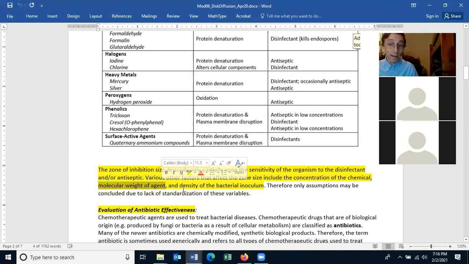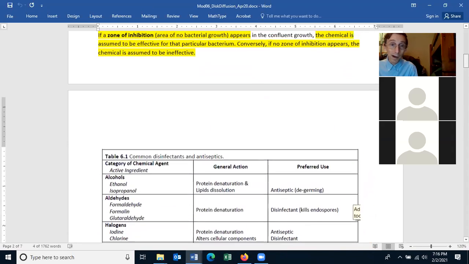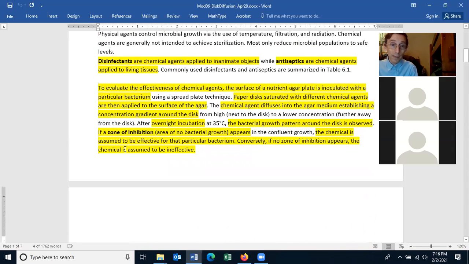Because the molecular weight of the object was big, it's going to diffuse less in the agar plate. And that is why the zone of inhibition was small, even though the agent was very effective against that bacteria.